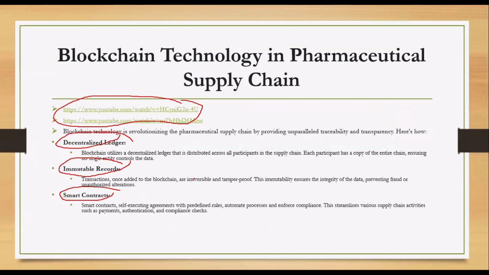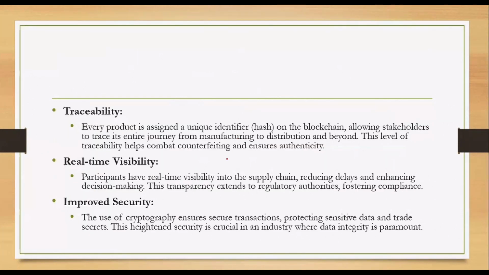These are the three important elements which are really helping the pharmaceutical supply chain to be more transparent. Real-time visibility will be there: real-time visibility of data, real-time visibility of operations, and real-time visibility of the tracking of the product.